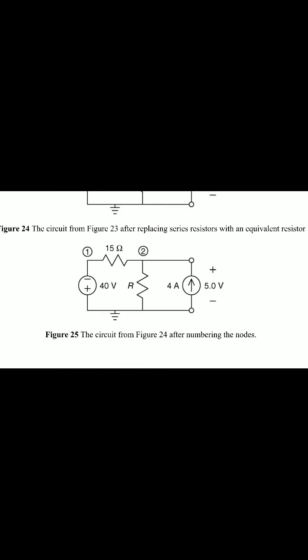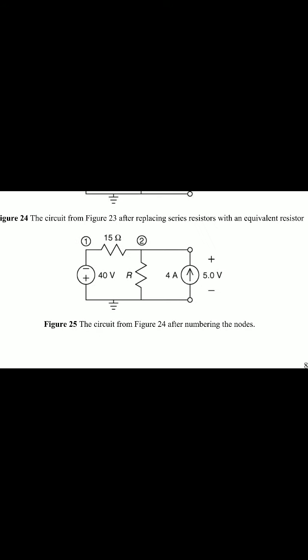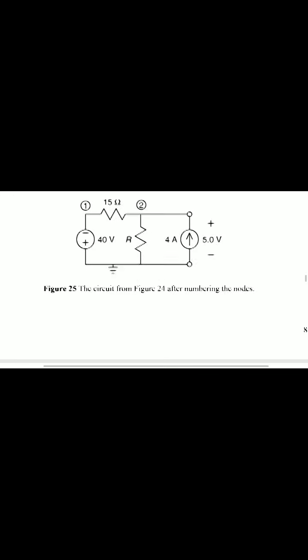Now in figure 25, the circuit from figure 24 after numbering the nodes 1 and 2, these are the nodes. Figure 25 shows the simplified circuit after numbering the nodes.